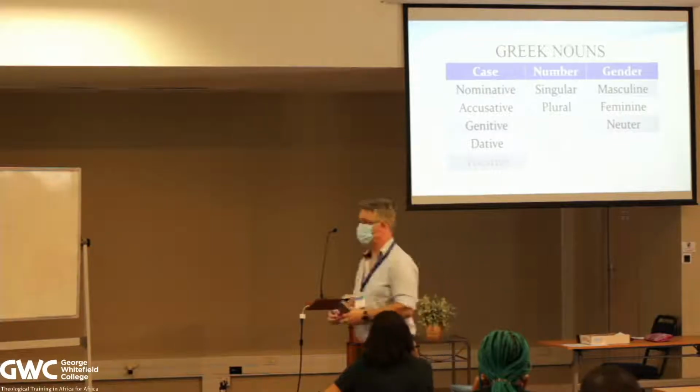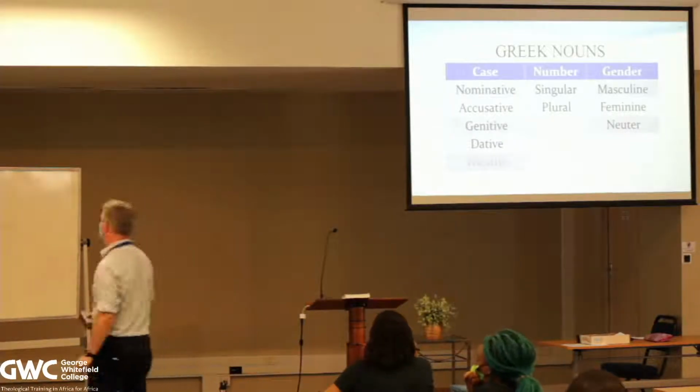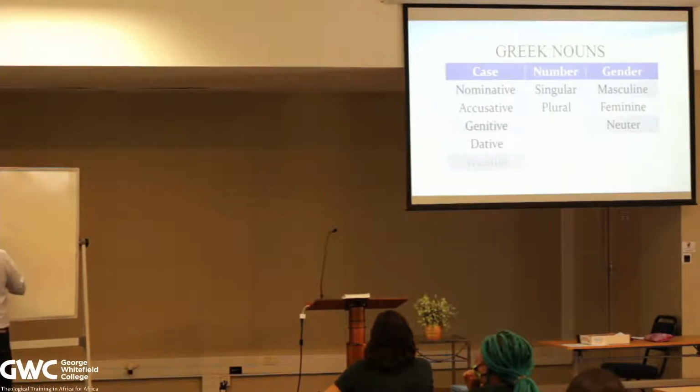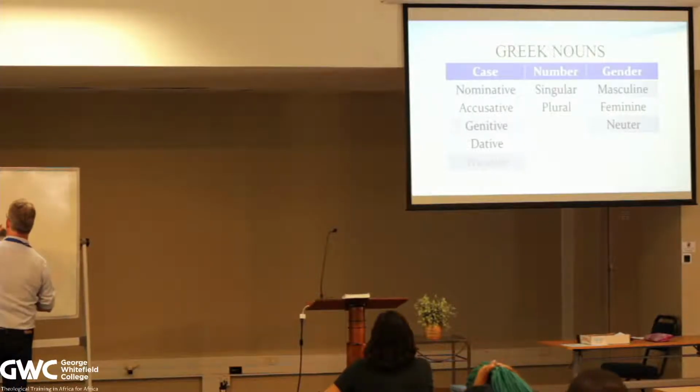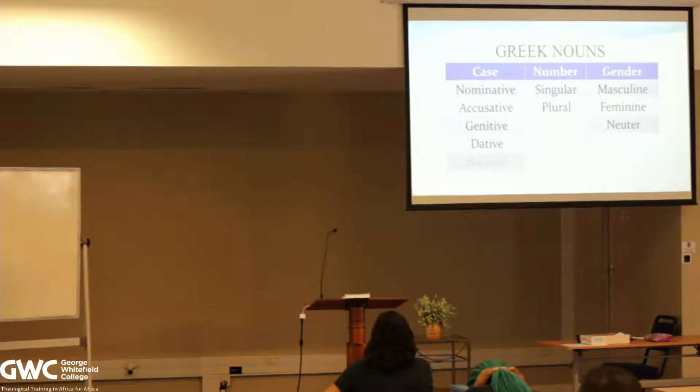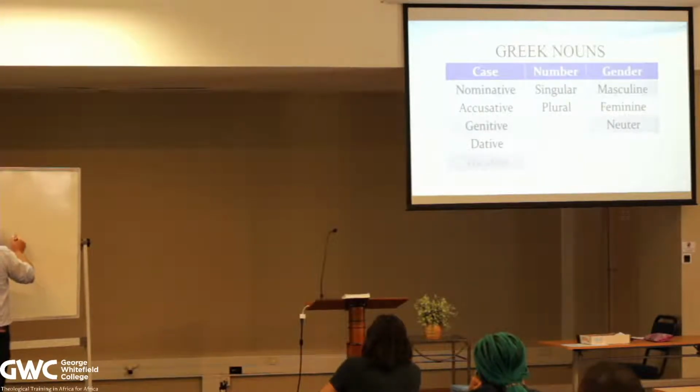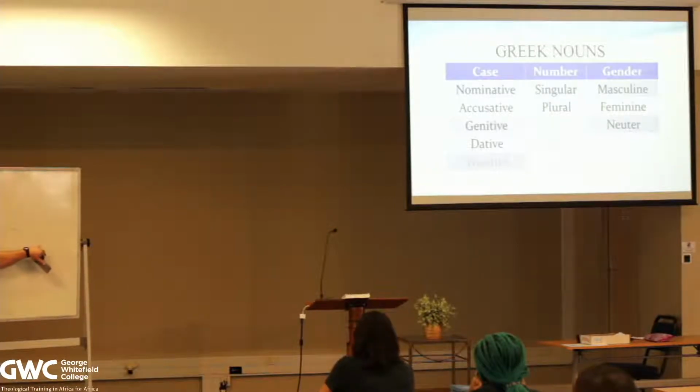So for instance, if I had, Lord, save me. I've got kurios, which means Lord, yeah? And if I change that into the vocative case, then I'd have kurie. Kurie. All right? There's an epsilon at the end of the vocative case.